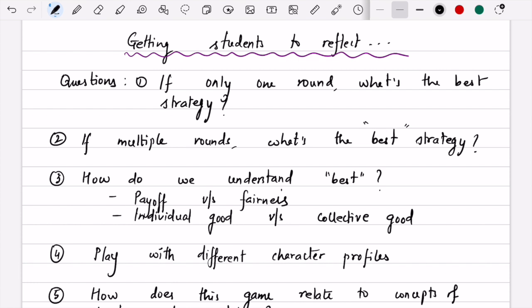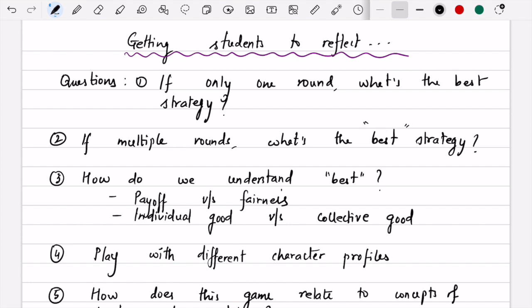So you could start off by just asking them, okay, if there's only one round, what's the best strategy? So this goes back to what we spoke about in the first video, where, if players are behaving selfishly, then they should cheat. If there's multiple rounds, then what's the best strategy? Does this dictum that everyone should cheat in order to maximize the individual gain, does that hold even if there are multiple rounds?